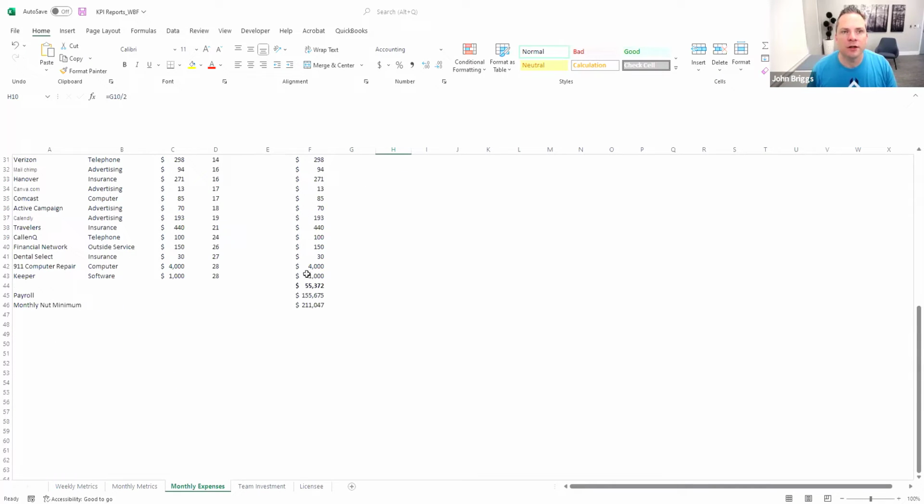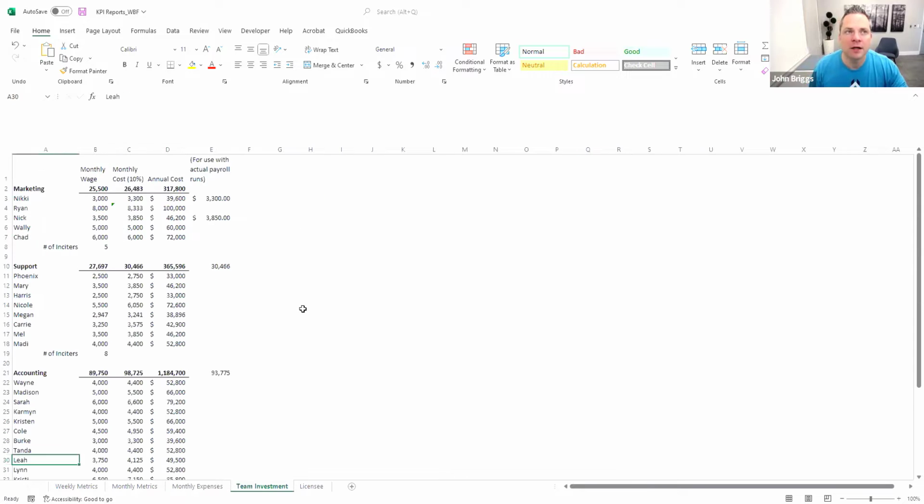And then you can see at the bottom, you add them up. What's the monthly cost of all these added up? And then this payroll is coming from the team investment tab. So with this particular example, they see, okay, they need $211,000 a month in revenue to at least cover the expenses that they feel are necessary for the business.